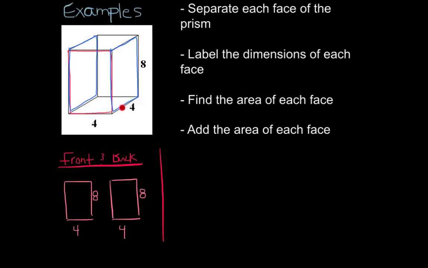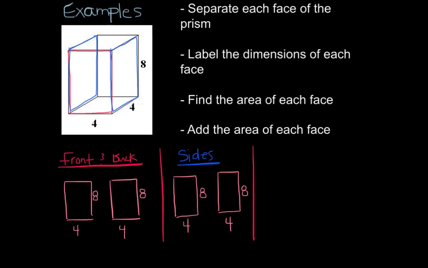I'm saying that this is a base instead of a width or a thickness because I'm pulling that face off. Okay, so we're going to do our sides here. And when we pull them off, they actually have the same dimensions as the front and the back, 4 by 8. And that's because we are dealing with a square prism, right? 4 by 8. Beautiful.